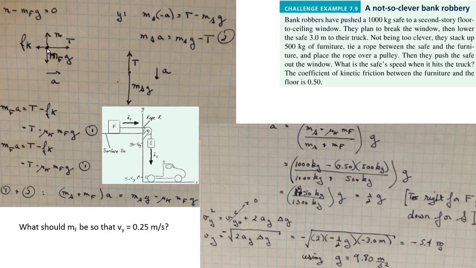So starting with the furniture, there is the weight of the furniture downwards and the normal force of the floor pushing up, a tension force of the string to the right, and a frictional force to the left. And the furniture is accelerating to the right with some acceleration A.